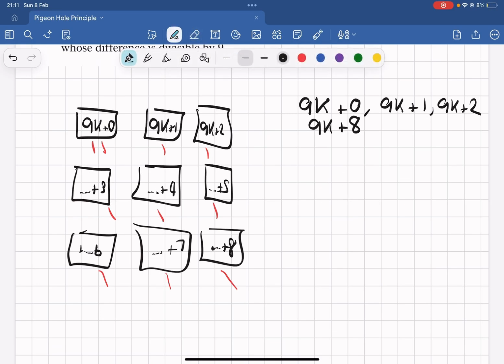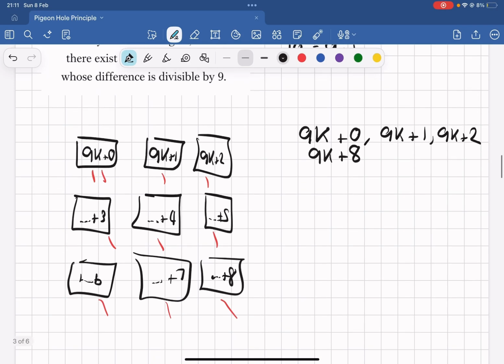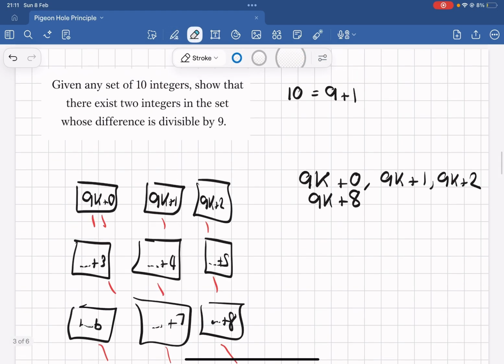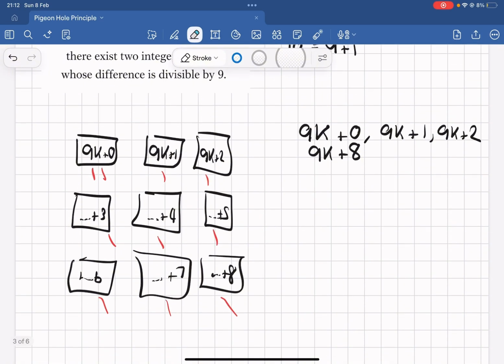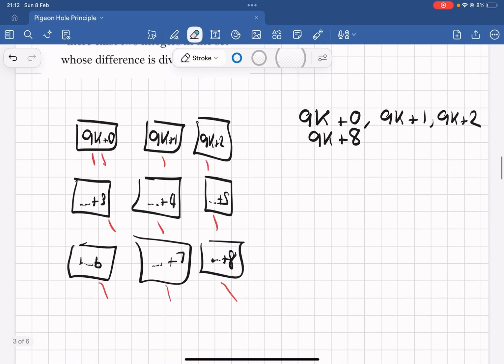Note that the k value from box to box is different, because it can be 9k. So if k was 1 here, we can have k as 1 here, or k as 2 here. Honestly, this will still be okay with the question's conditions.